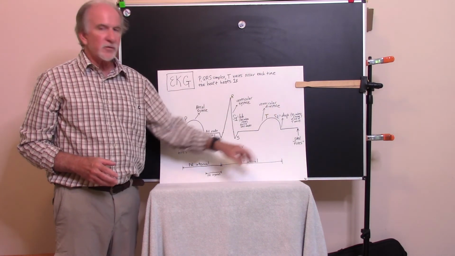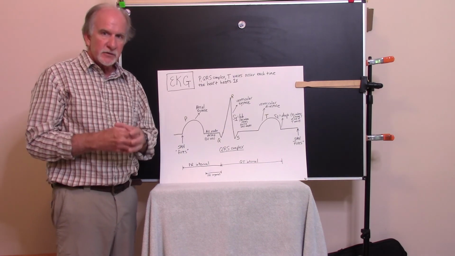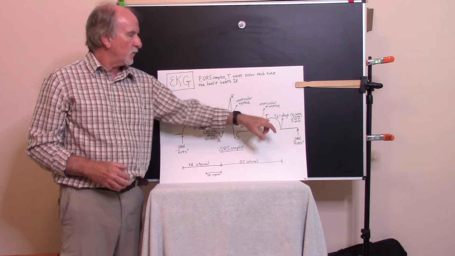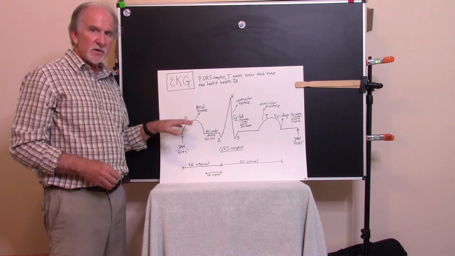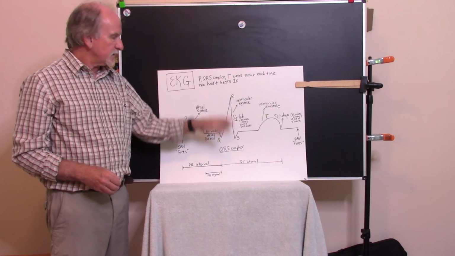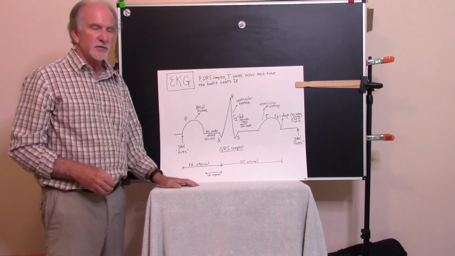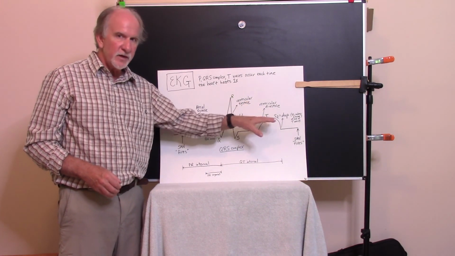When the ventricles fully relax, the semilunar valves close, shake the heart, and that creates the second heart sound, or the dup sound. So the P wave is also known as atrial depolarization. The QRS complex is also known as ventricular depolarization, and the T wave is known as ventricular repolarization.